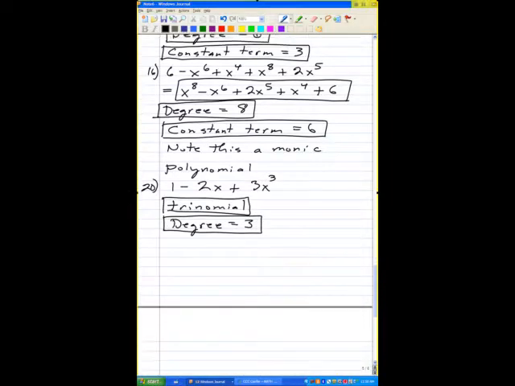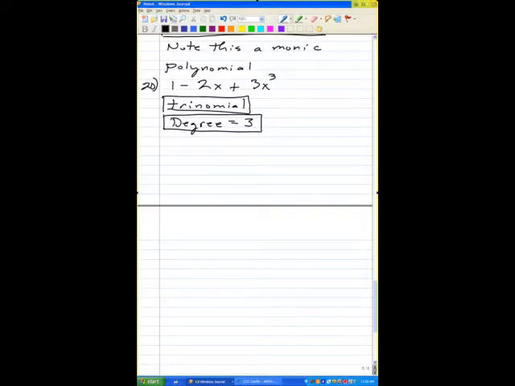Let's do problem number 22. The polynomial is 5. Well, this is an example of a monomial. It's not a monic polynomial because the leading order coefficient is 5, not 1. So it's a monomial. Notice that the degree of my polynomial, well, I want the variable to a power.